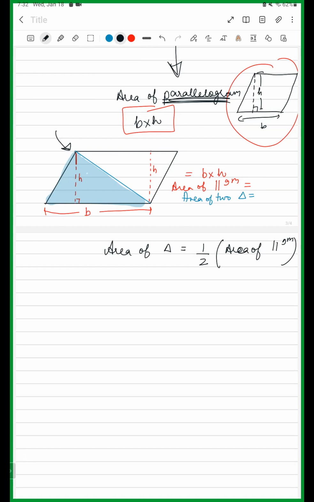Yeah. So will it be 1/2 multiplied by b multiplied by h? Exactly. Yes, very good. So area of the triangle, note it down, area of triangle is going to be half multiplied by base multiplied by height.